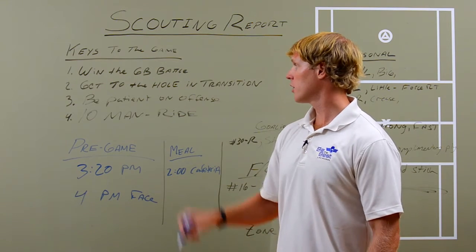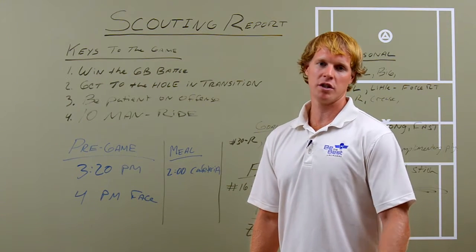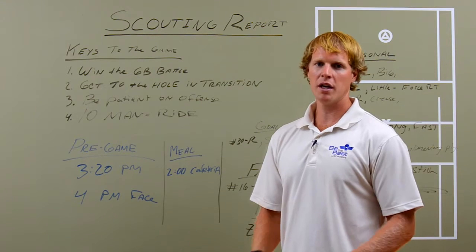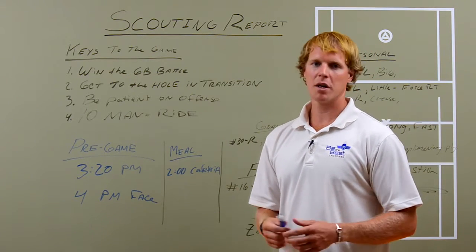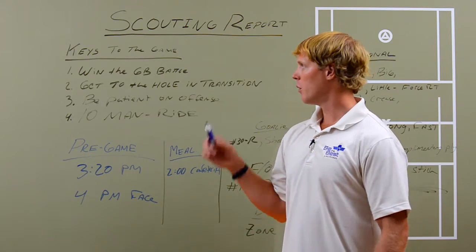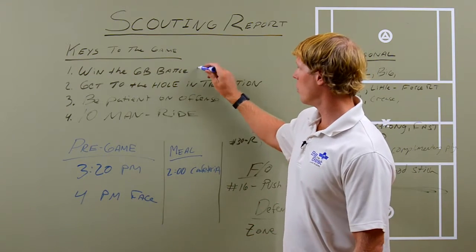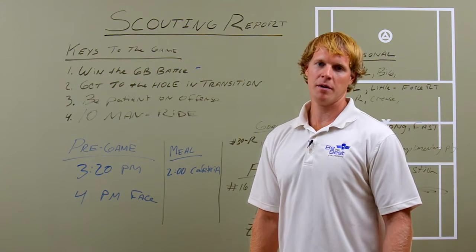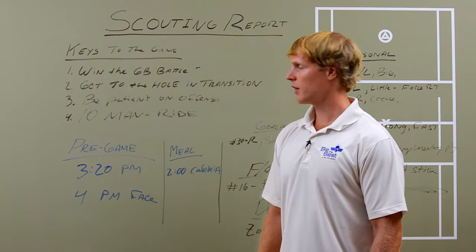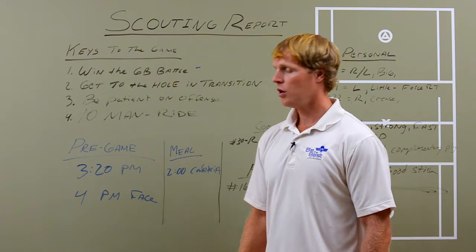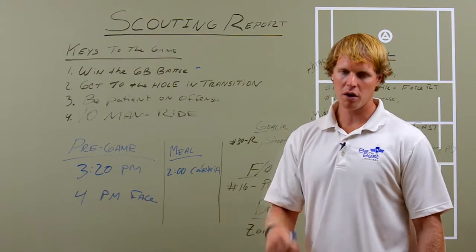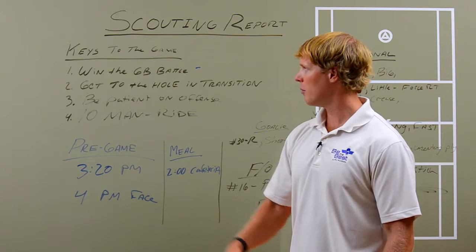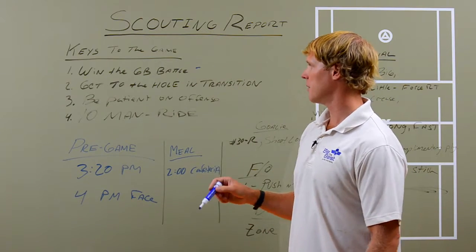So this particular game, the number one key is to win the GB battle. This team that we're playing is killing the ground balls, beating everybody up, getting to the balls first, and we want to make sure our guys know that we need to win the ground ball battle tomorrow in order to give ourselves a good shot to win the game. You're going to have to get down, get your hands dirty, get in the mud, and pick the ball up, and make sure that you're winning each ground ball time after time to give ourselves the best chance to win.